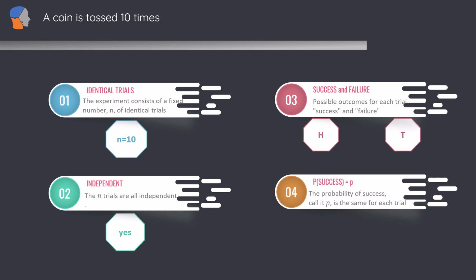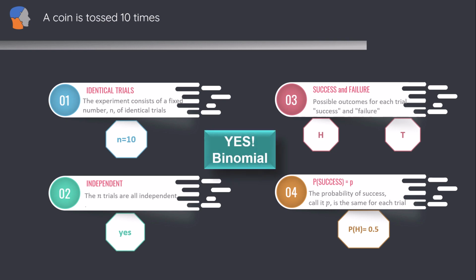Then success probability. How do we know the success probability? Success depends on our interest. Suppose we are interested in having head, then probability of H is 0.5. All four conditions are satisfied, therefore this is a binomial experiment.